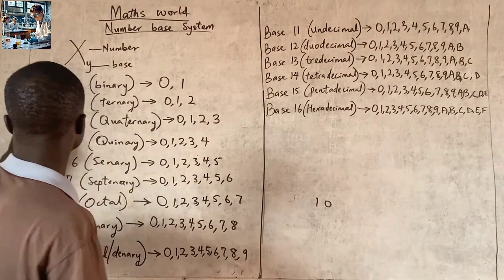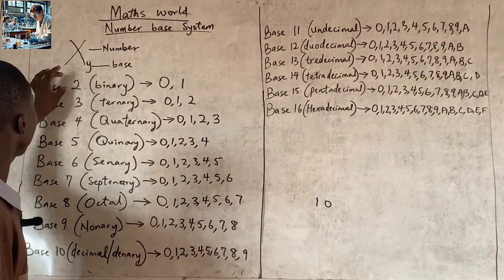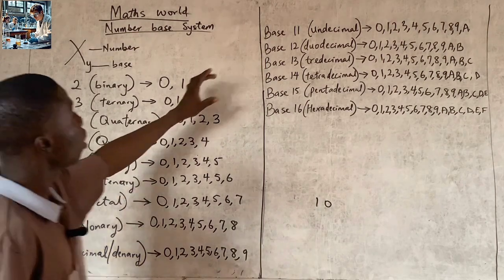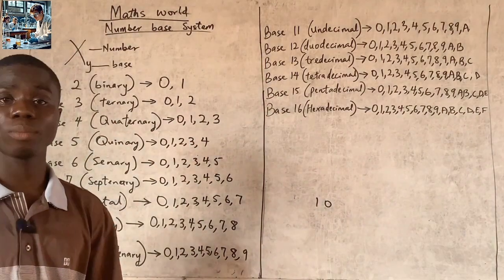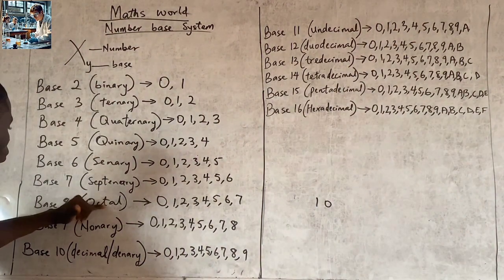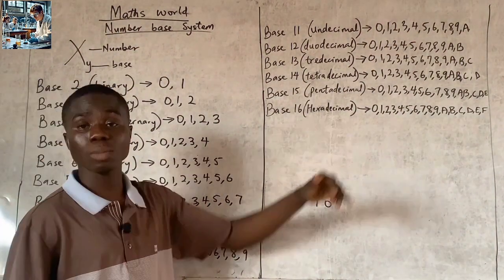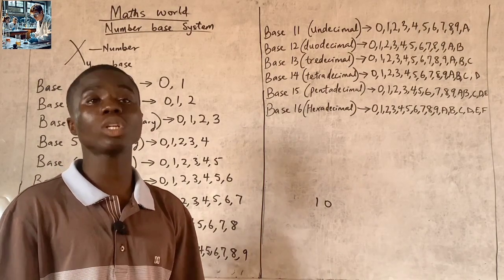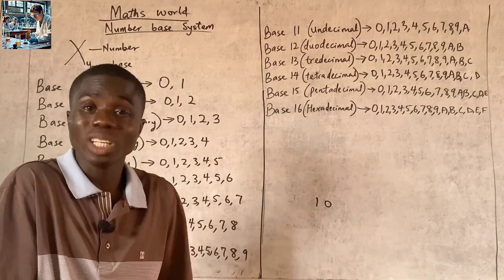And note that base 2, base 10, base 8 also, and base 16, those 4 bases are the ones that you just need to know the names of, because those are the ones that computers are based on the most. So those are the ones that you should prioritize knowing the names of.